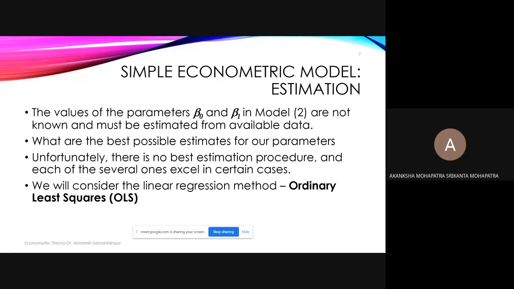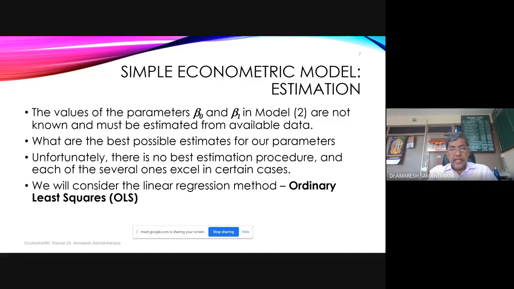Sir, as beta 1 is equal to 0, in the simple econometric model, is there any role of the stochastic error term? Well, the stochastic error term's role will be there. It's good that you're asking, though these things I should have discussed afterwards.